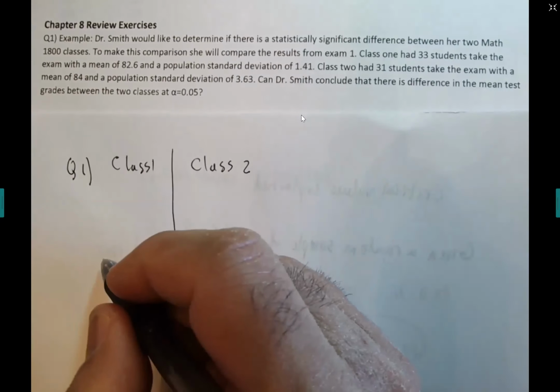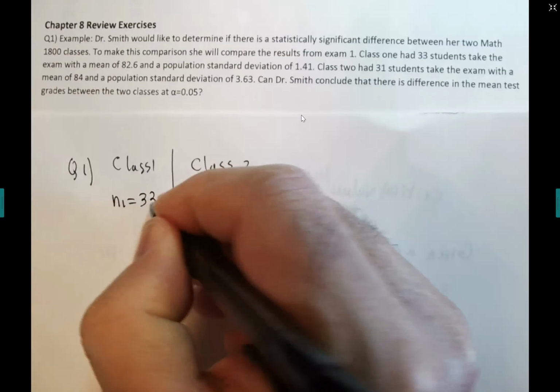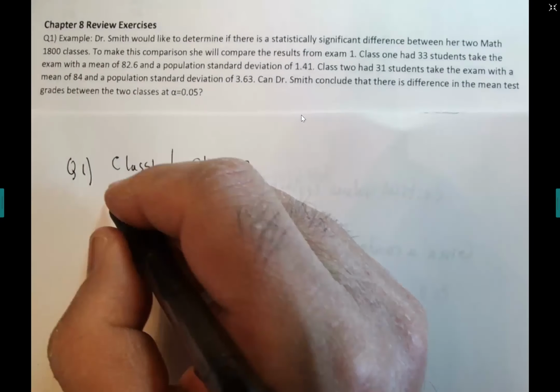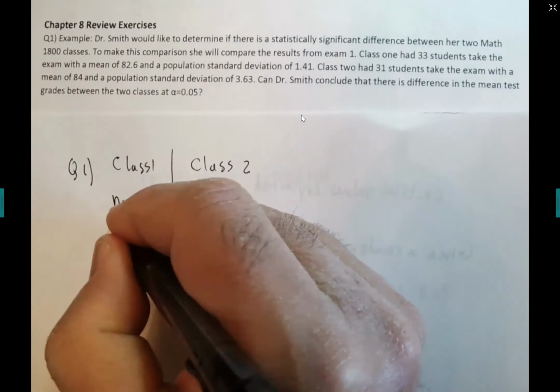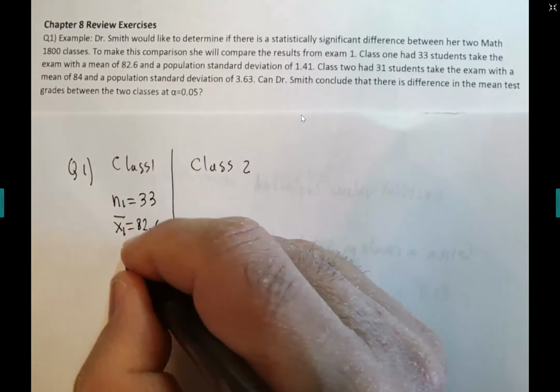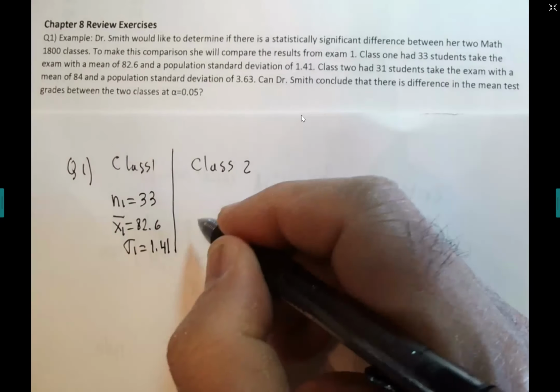Okay, what do we know? Class 1 had 33 students, so you guys agree that N1 is 33. Sometimes he'll give you the table and split them up. Sometimes it's just in the context of the problem, you just have to read it. With a mean of 82.6, so X1 bar, guys, is 82.6. With a population standard deviation, so that's sigma 1, not S1. That's why you have to use the z-test.